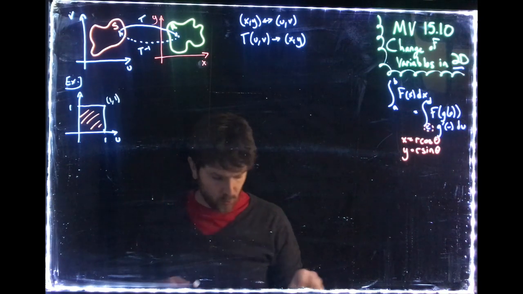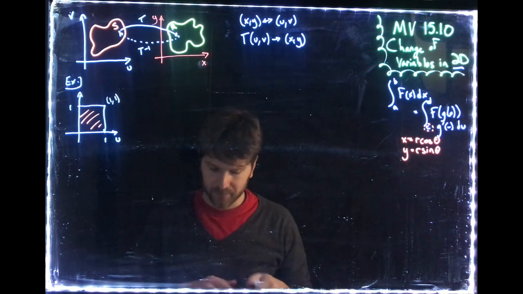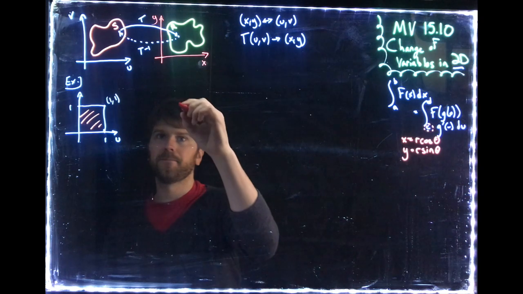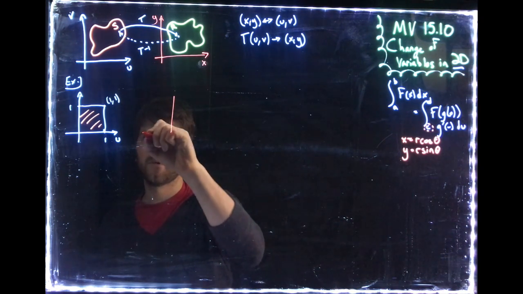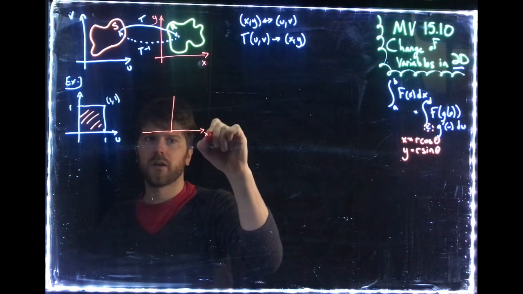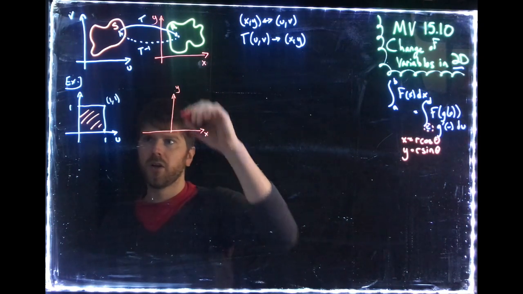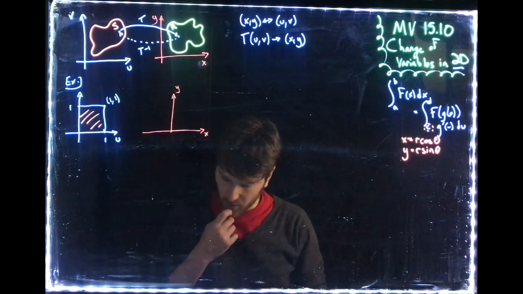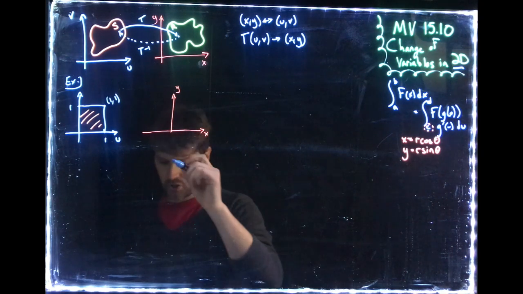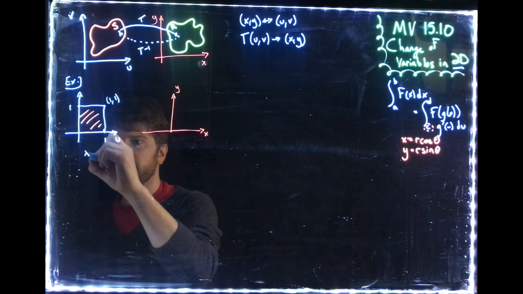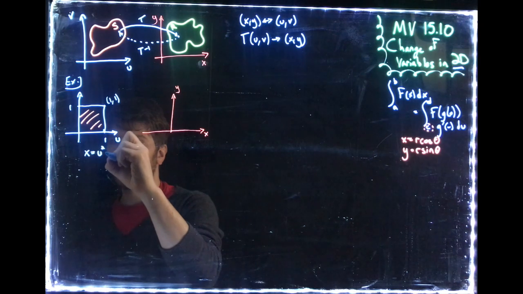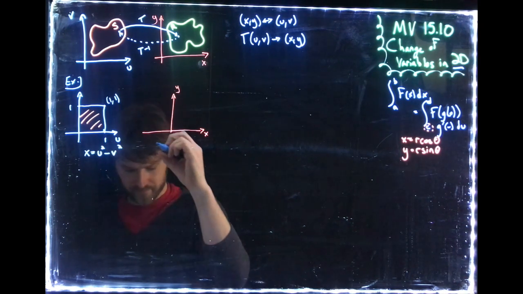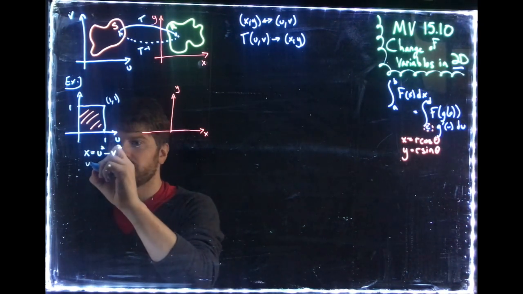And I want to actually see what does the image of this look like in x and y under the following transformation? And our transformation looks like this, that x equals u squared minus v squared, and y equals 2uv.